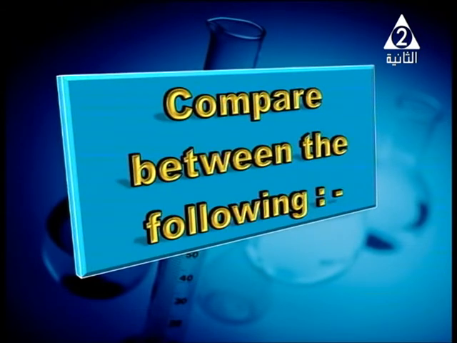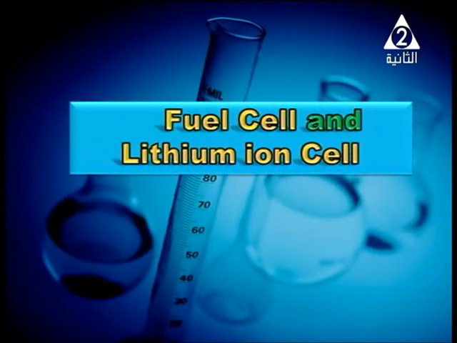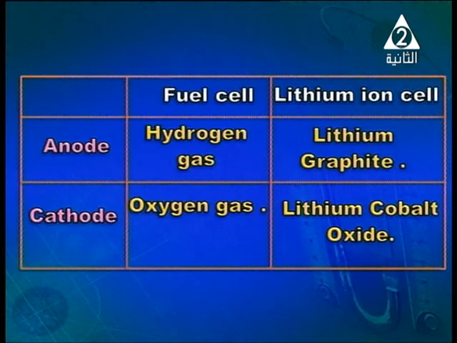Let's compare between the following: the fuel cell and the lithium ion cell. We start our comparison with the type of anode. In the fuel cell, the anode is hydrogen gas, while in the lithium ion cell, it is lithium graphite. The cathode type.